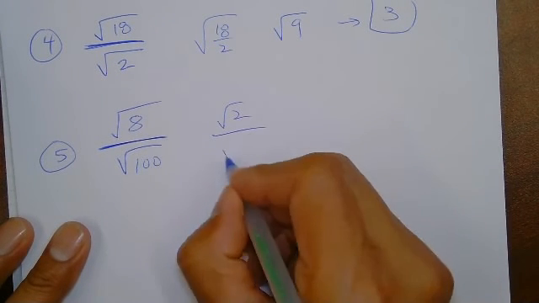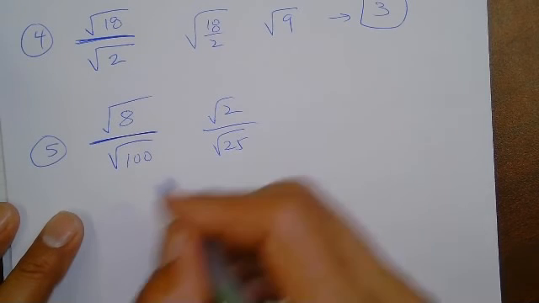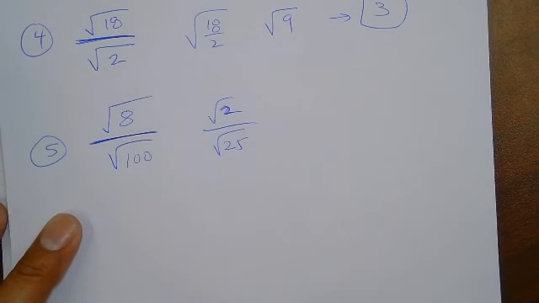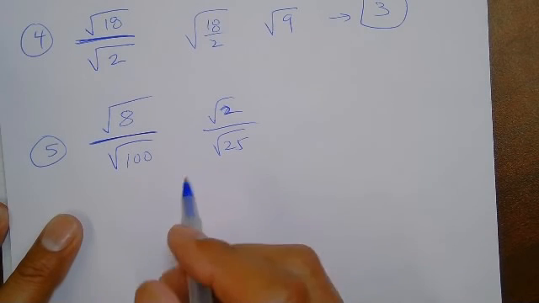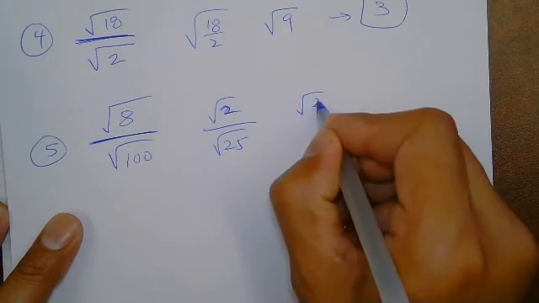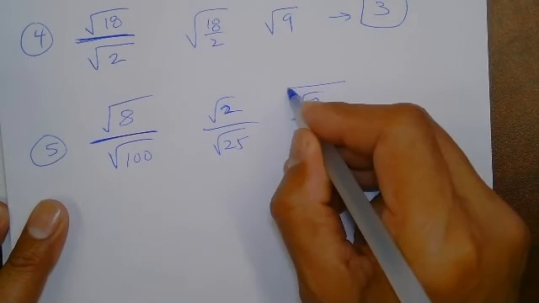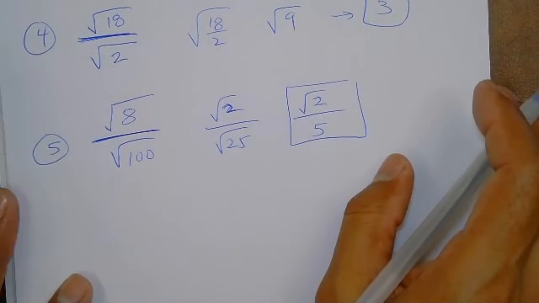If you divide by 4, you'd get 2 over 25, and the answer is root 2 over 5.